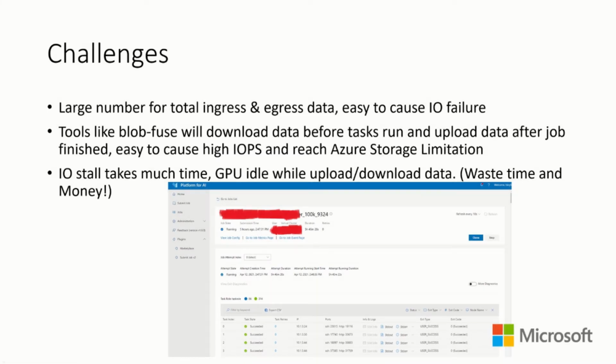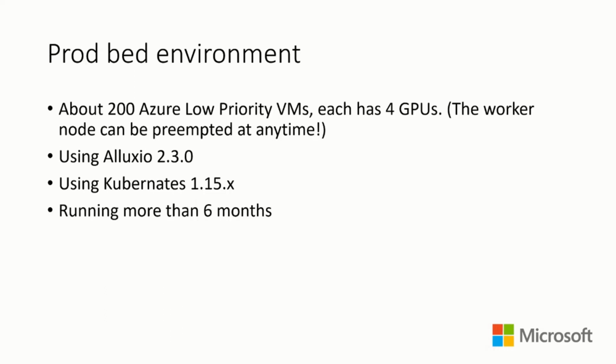Before I show you the architecture we adopt with Alluxio, I will give you some information about our production bed. In our production bed, we use about 200 Azure low priority VMs, and each VM has 4 GPUs. Please notice, the VM is low priority, so it can be preempted by Azure at any time, so the environment is unstable.